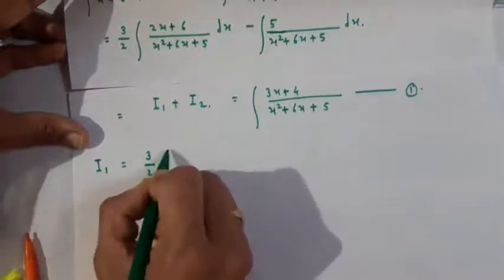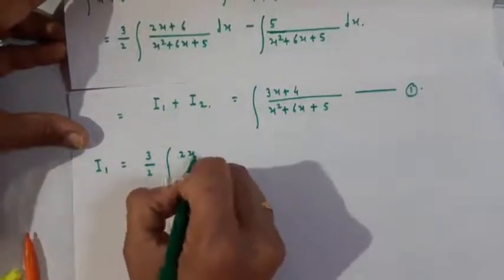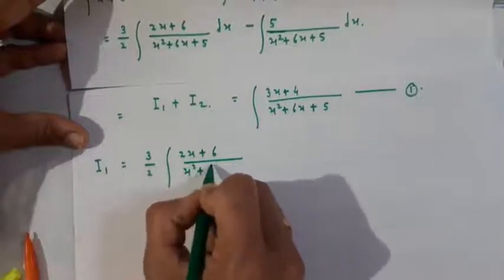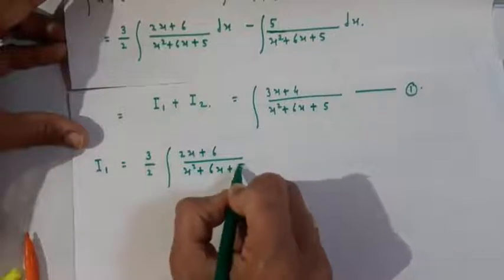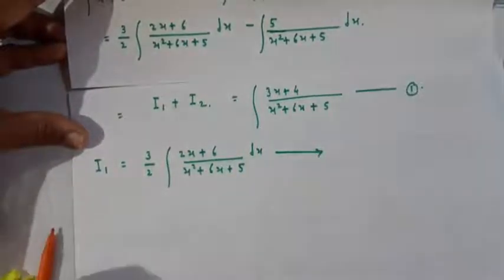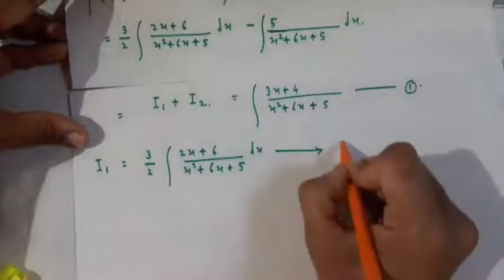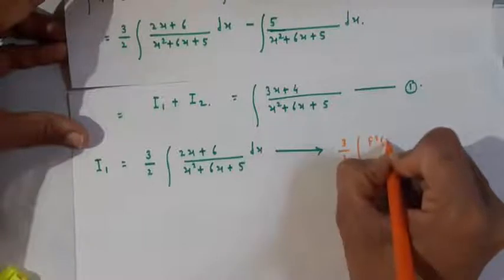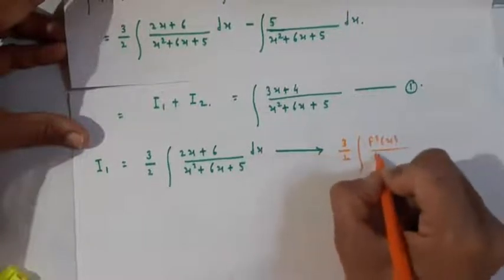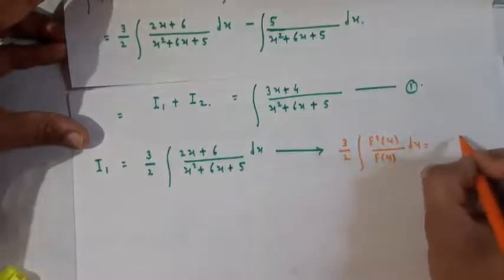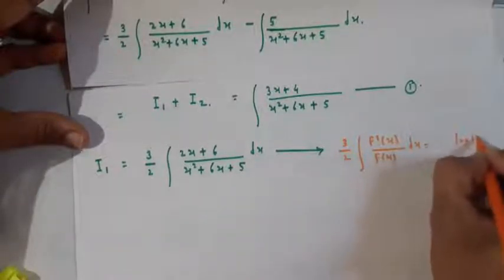This is 3 by 2 times the integration of (2x plus 6) upon (x square plus 6x plus 5) with respect to x. Okay students, this integral is of the form 3 by 2 times f dash of x upon f of x with respect to x, and that's why its integration is log of f of x.